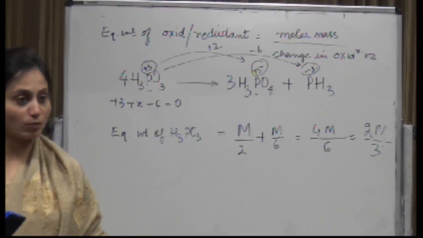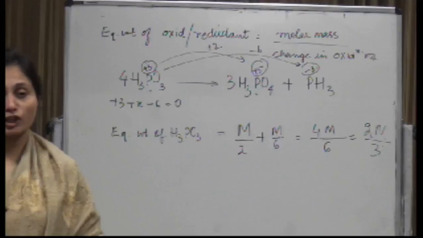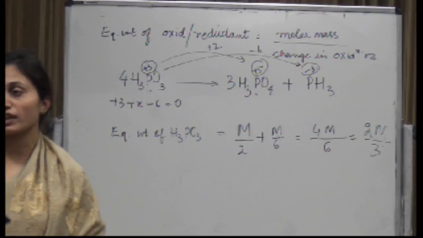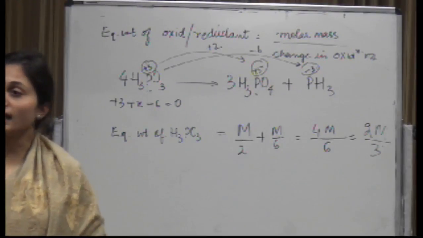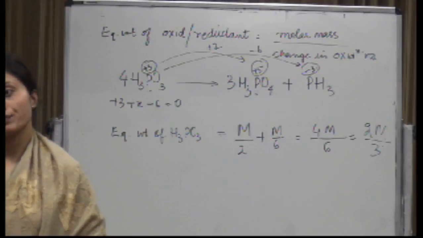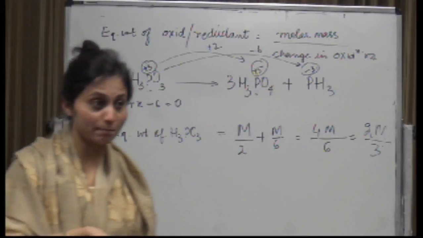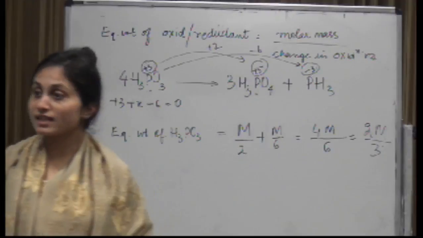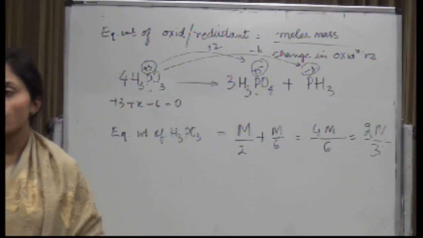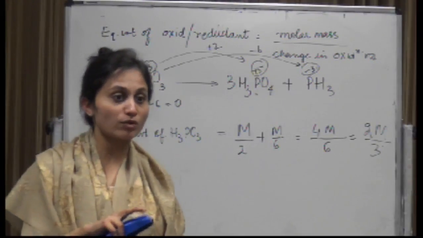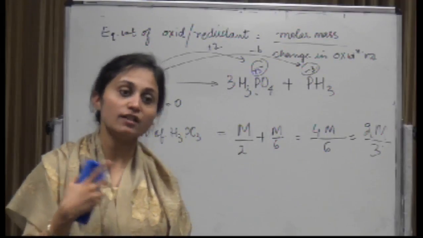One was intermolecular. In intermolecular, two elements from two different compounds are getting oxidized and reduced. In intramolecular, two elements from a single compound, like in KClO3 Cl and O were undergoing a change. So two elements from a single compound are undergoing oxidation and reduction.